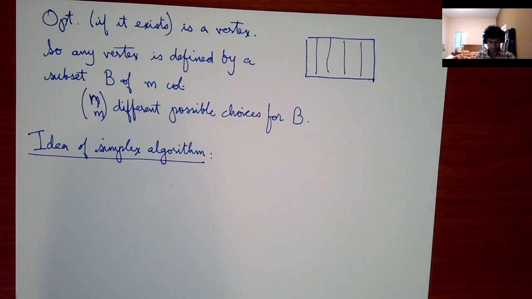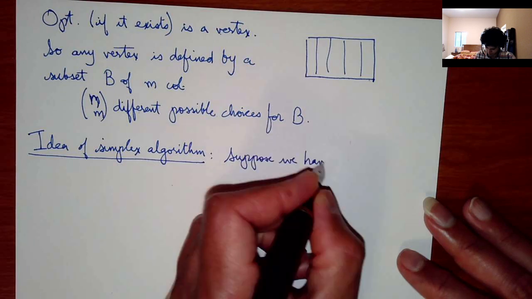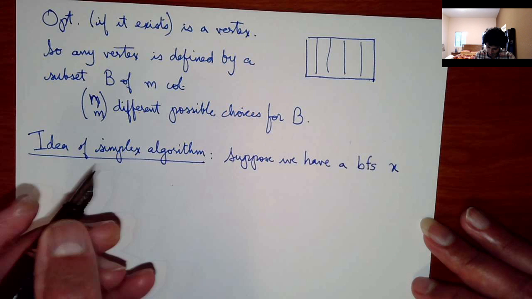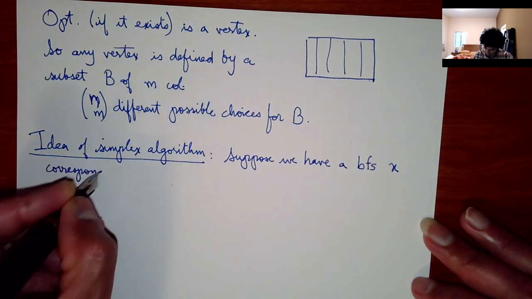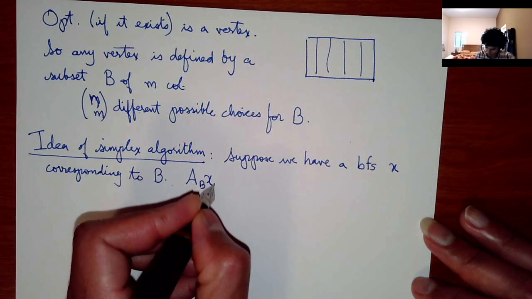So suppose we have a BFS x corresponding to B. Right? So what does that mean? It means A_B x_B is equal to b.